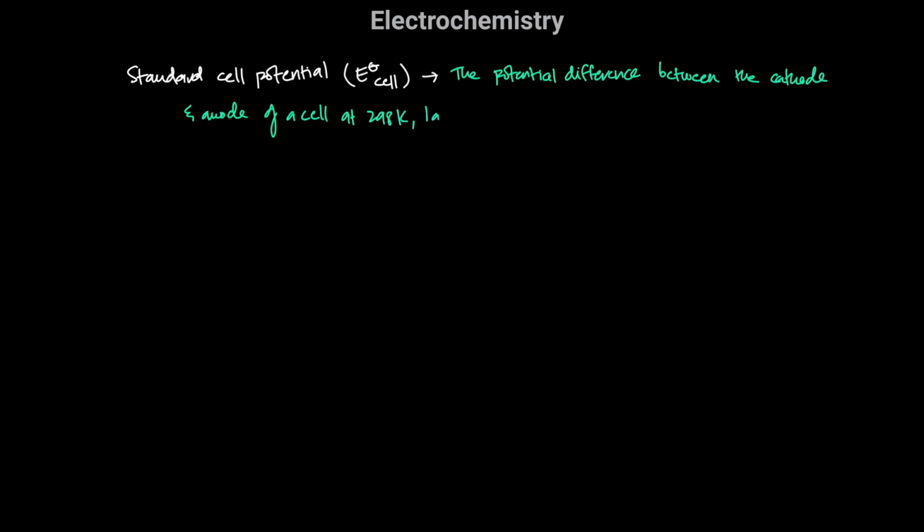1 atmospheric pressure, using 1 mole per dm cube solutions. These are your standard conditions. For cells, you have to ensure standard conditions are 298 Kelvin, 1 atmospheric pressure, and 1 mole per dm cube solutions.